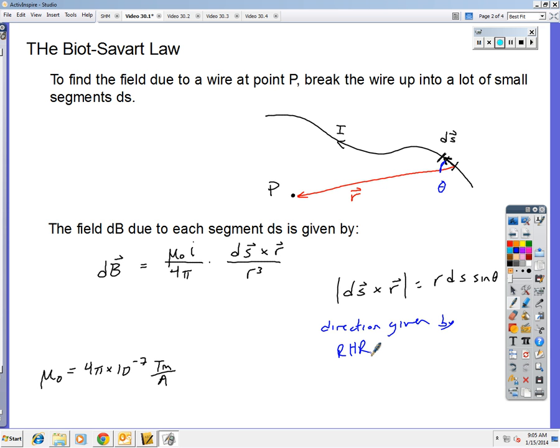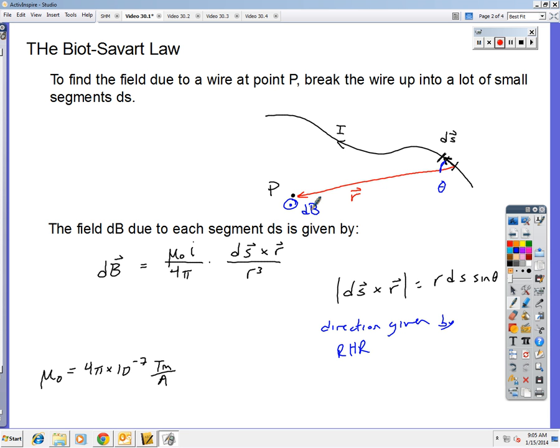Meaning, point your index finger in the direction of ds, curl it or point your other three fingers in the direction of r, your thumb points in the direction of the magnetic field. So for this particular ds, the magnetic field created by this ds is going to point out of the page.